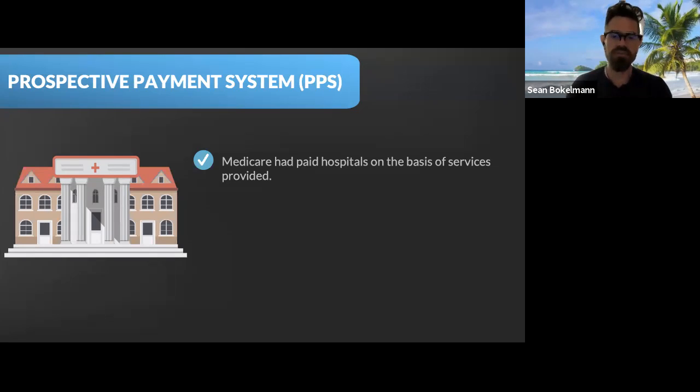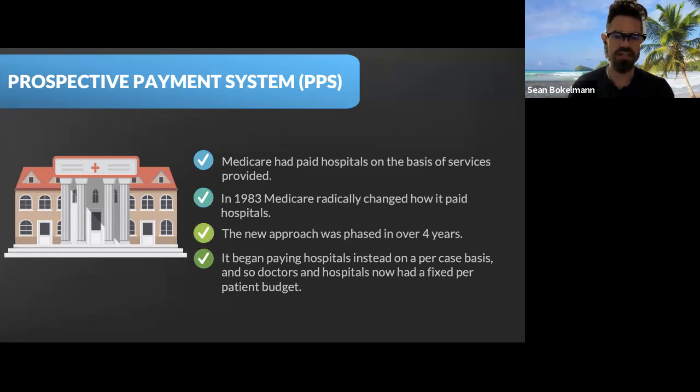So as it began to pay on a per case basis, it basically meant that for hospitals and admitting doctors, they now had a fixed budget per patient with which they had to operate.